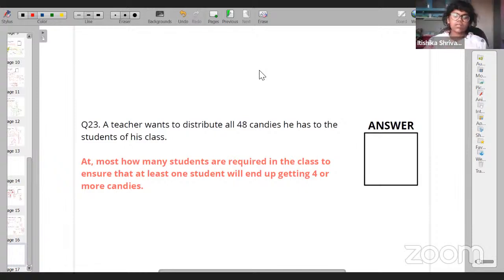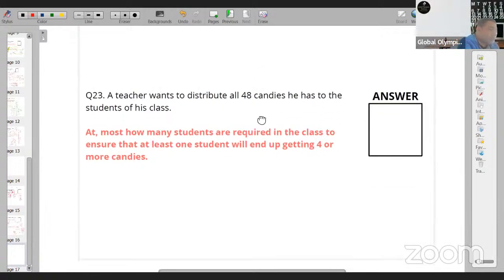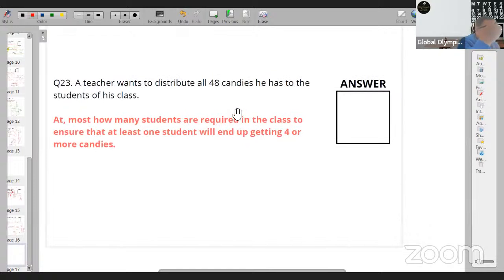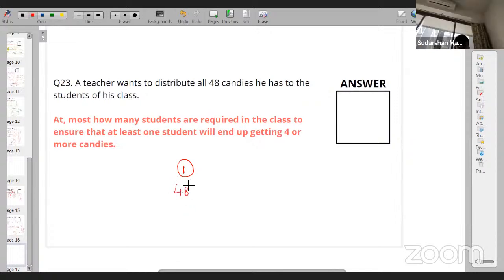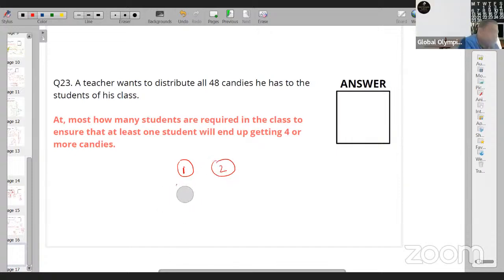I didn't quite get that. Can you show it? So understand this. This is called the pigeonhole principle, and based on that, this question is there. Now understand this. Let's say there is only one student. You give all the 48 to the person. Let's say if there were 2 students.